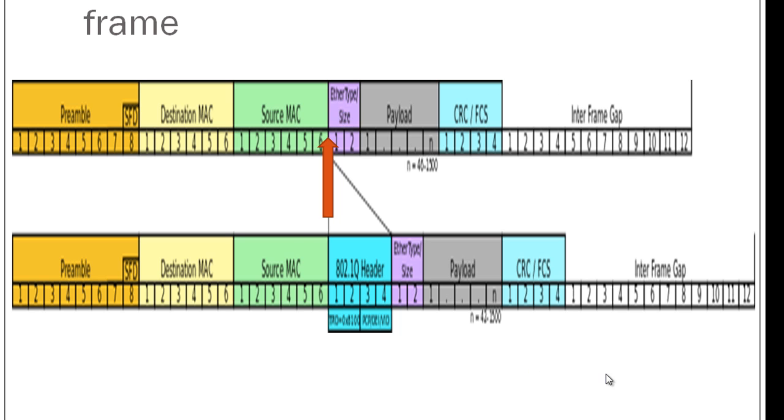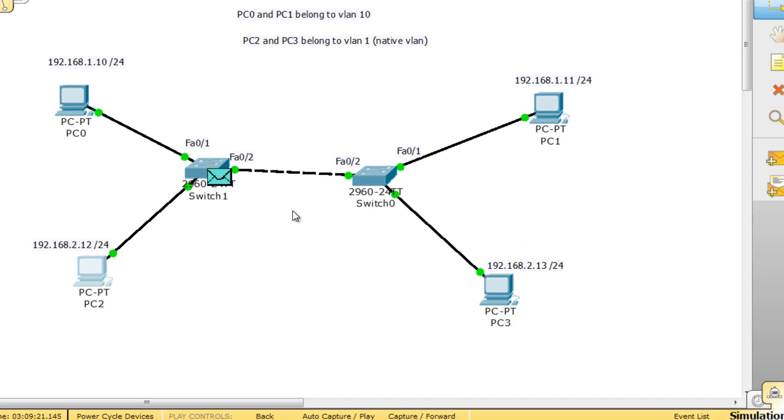So let's go to Packet Tracer right now and take a look at how this 802.1q tagged frame works. Right now you see up here I have two switches, switch 1 and switch 0.